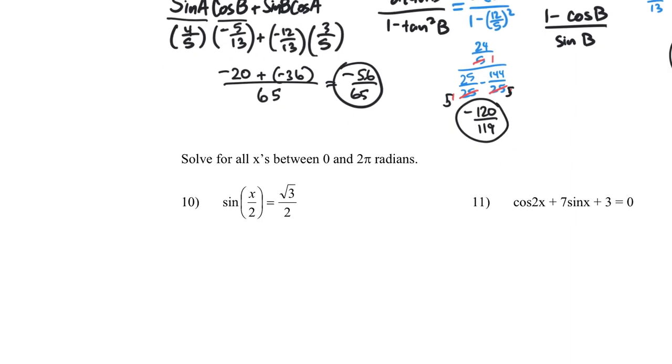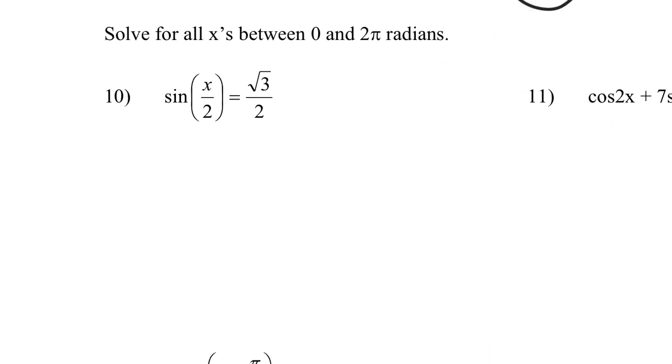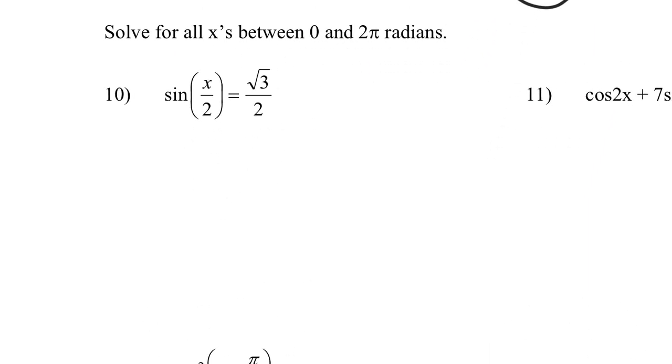So as we look here, number 10, we're going to solve for all x's between 0 and 2 pi, right? All x's between 0 and 2 pi. So this first one is pretty direct. I have the sine of some angle, and that angle has a sine of root 3 over 2. I'm very happy to see root 3 over 2.